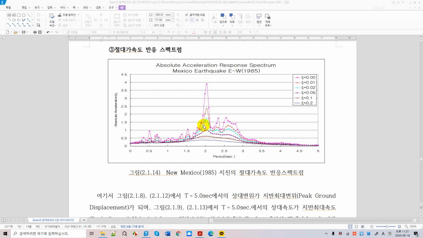You had a resonance plateau at 0.5 seconds for El Centro, if you remember. But this one has a resonance condition at 2 seconds. Why did this happen?